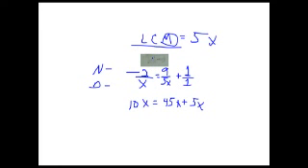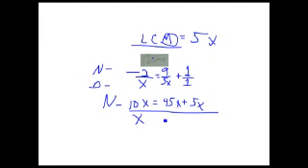Okay, real quick, we'll go over it one more time. We're going to cross out all common numerators and denominators. So this is what we have for our numerator, because we multiplied these in: 5x, 2x, 10x.